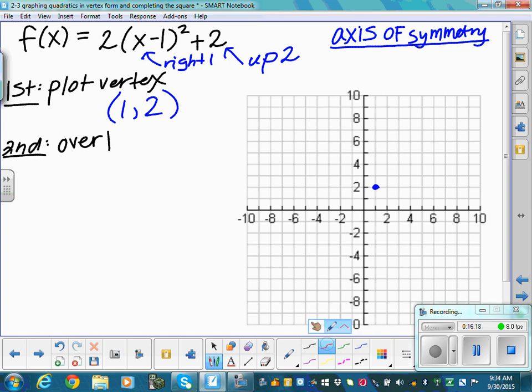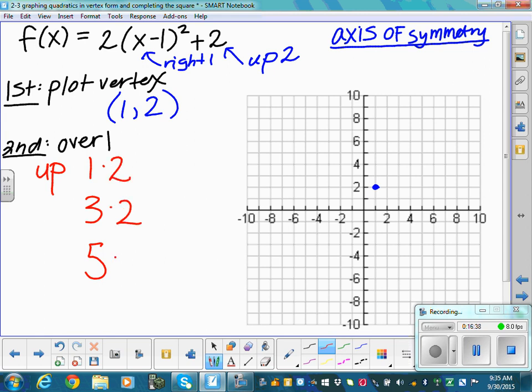So now let's go ahead and plot our acceleration. Well, first of all, is it positive or negative? It's positive, so we're going to be going up. Now we know that we have a 1, 3, 5 pattern because it's a quadratic. Now you have to multiply those by your a value, which is 2.